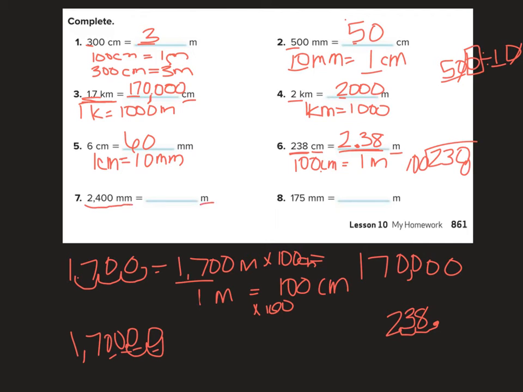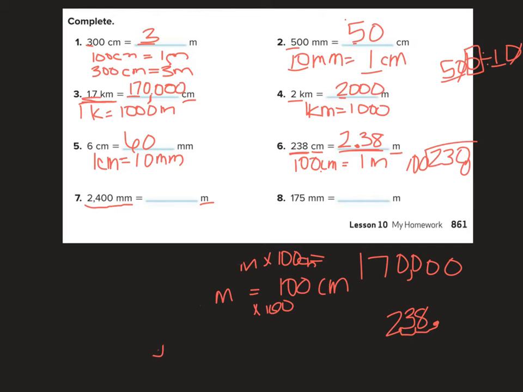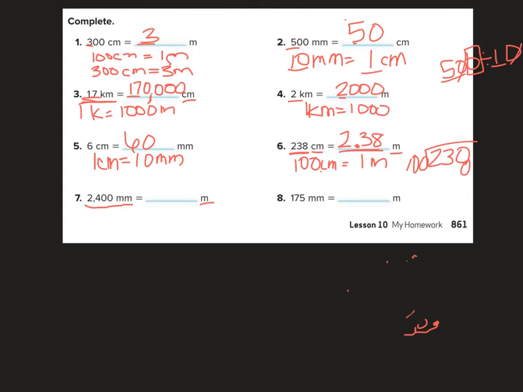2,400 millimeters equals how many meters? Okay, so this one we've got to do a double conversion. I'm going to go from millimeters to centimeters and then centimeters over to meters. So I know that there are 10 millimeters in 1 centimeter. So what do I do to go from millimeters to centimeters?